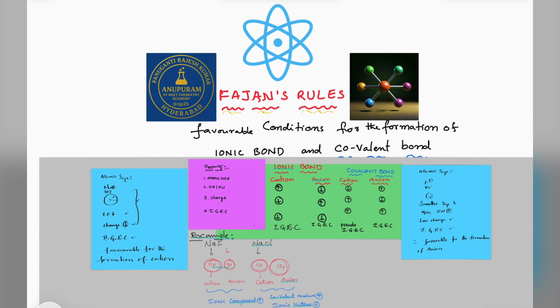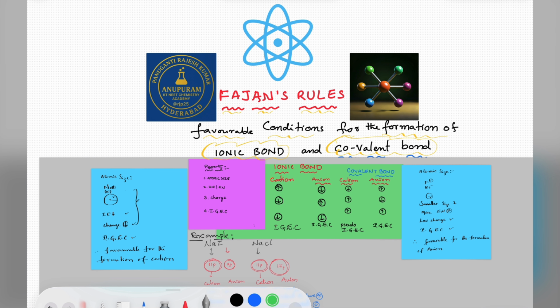What are Fajans' rules? These are useful for the favorable conditions for the formation of ionic bond and also covalent bond. So, what are the favorable conditions for the formation of ionic bond and covalent bond?